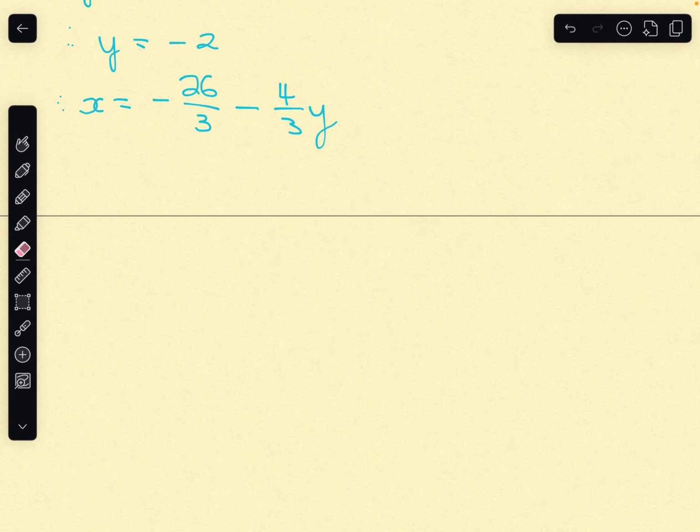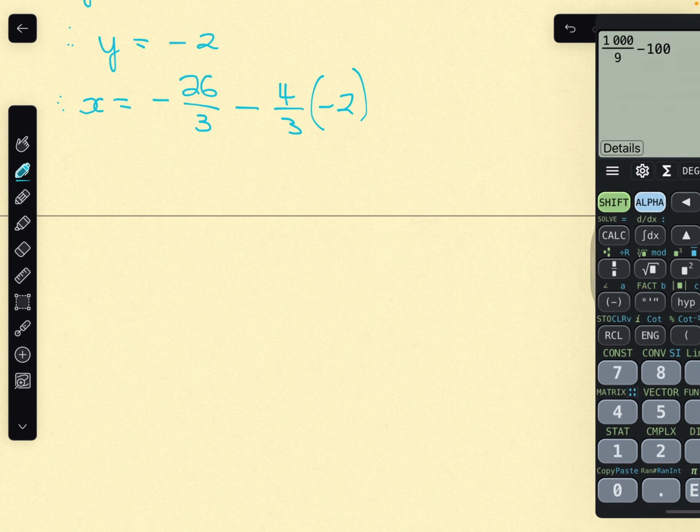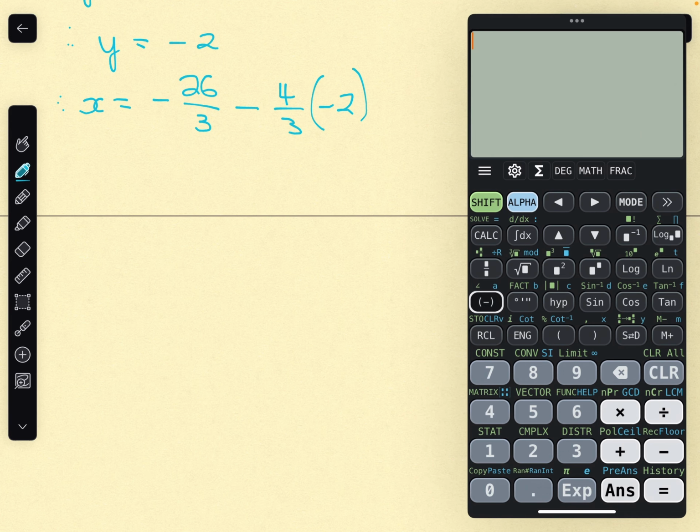Okay, we replace our y with negative 2. So let's go ahead and calculate that, which is negative 6.